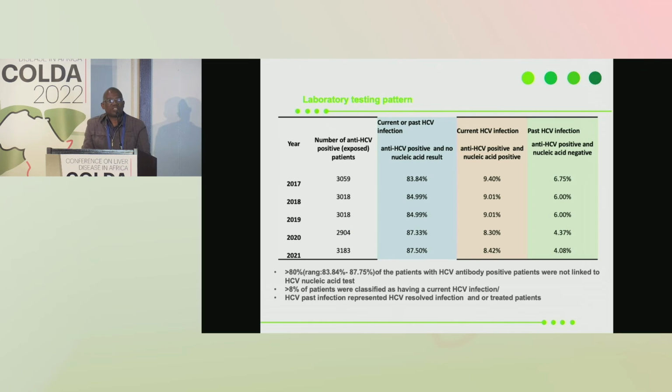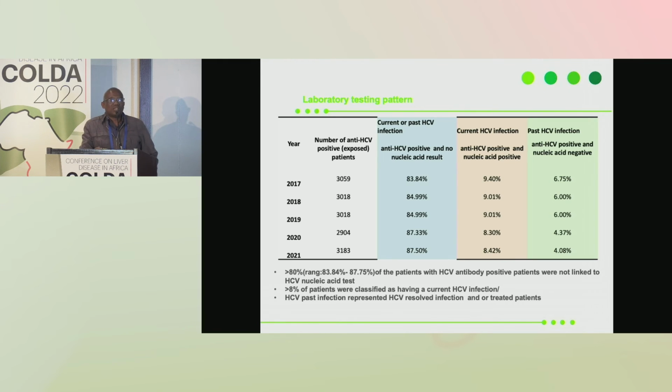And we went further to look at the laboratory testing patterns, and they showed that more than 80% of the people who were positive with an antibody test, we are not sure if they were really followed up with a nucleic acid test, as we could not link them to any of the nucleic acid tests.